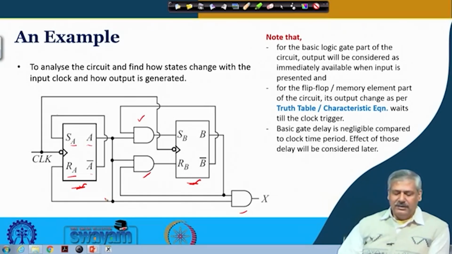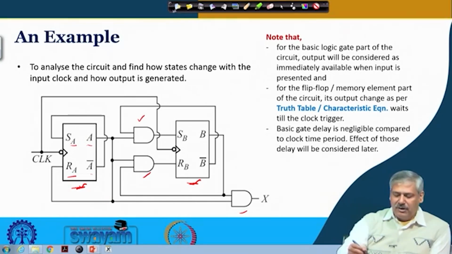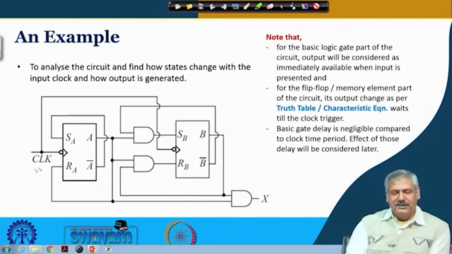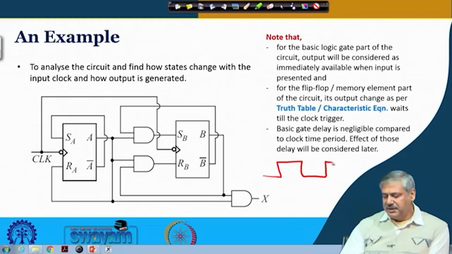Further, here we see that this is a clocked flip-flop. We consider that the clock cycle time, the way the clock is triggering, is much more than the propagation delay of these basic gates.